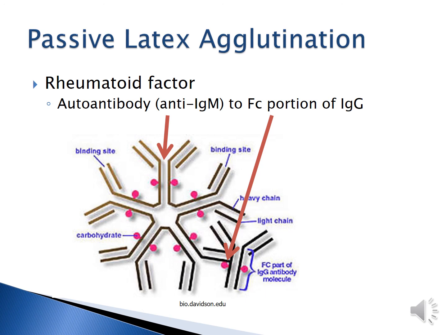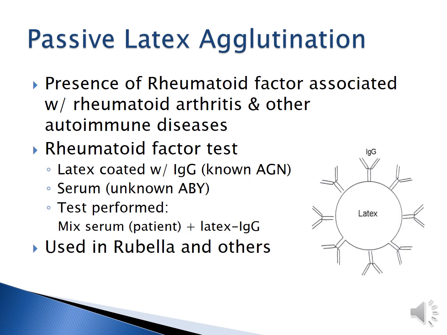If so, then we can say that this patient does have an autoantibody to the IgG, and therefore more testing would be involved to determine what is causing this rheumatoid factor, this autoantibody. When a rheumatoid factor test comes up positive, typically this is associated with an autoimmune disease. It can be rheumatoid arthritis or some other type of autoimmune disorder.